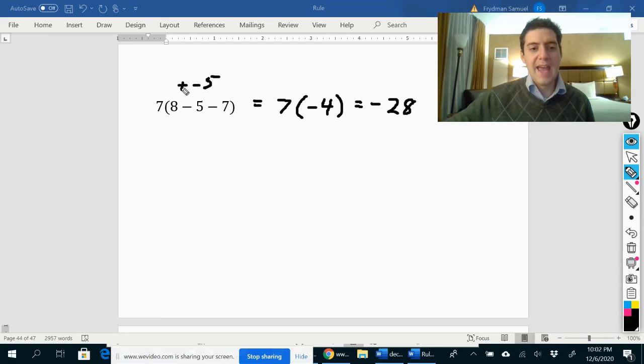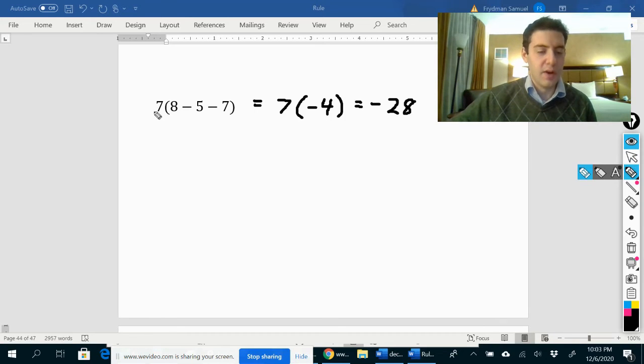In other words, adding negative 5 is the same thing as subtracting positive 5. So you can treat this subtraction as a negative. And then to use distribution, you can just use the rules for multiplying.